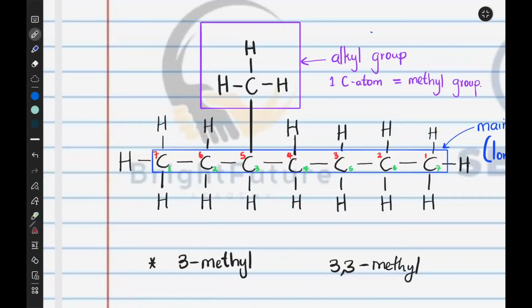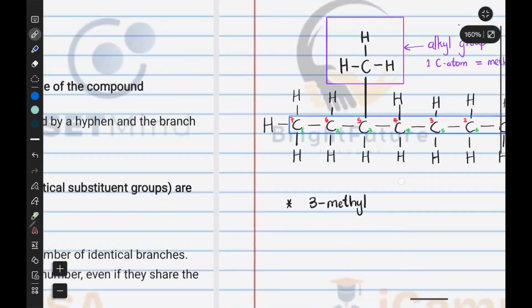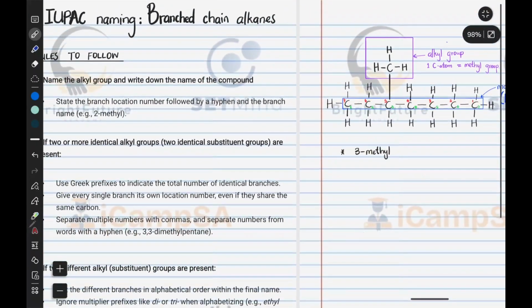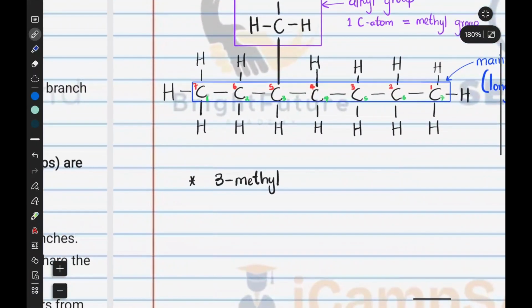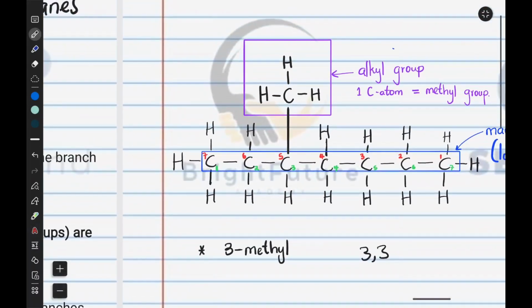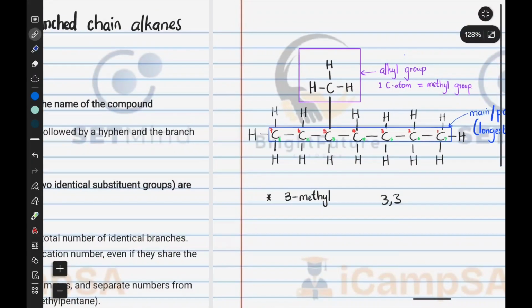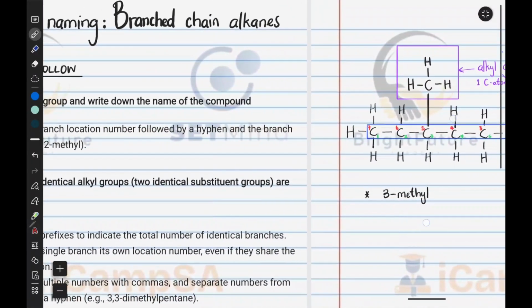Okay, that's one thing you must understand. So now what happens is, in this case, we don't have multiple alkyl groups, so we won't need to separate numbers with commas like this, because we usually do that when there are multiple alkyl groups, but you will see in the other examples that we have in store. All right, so this would be 3-methyl.